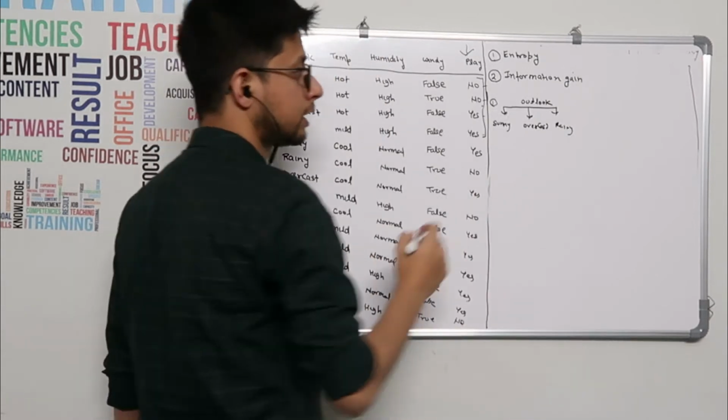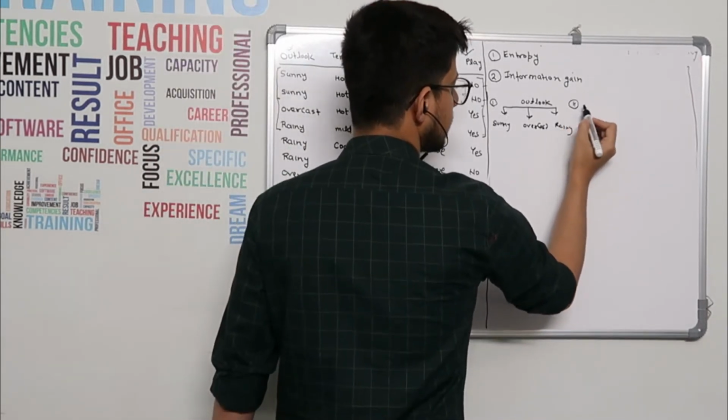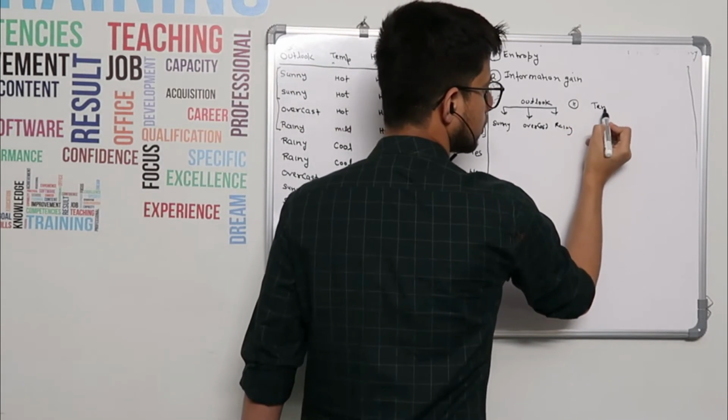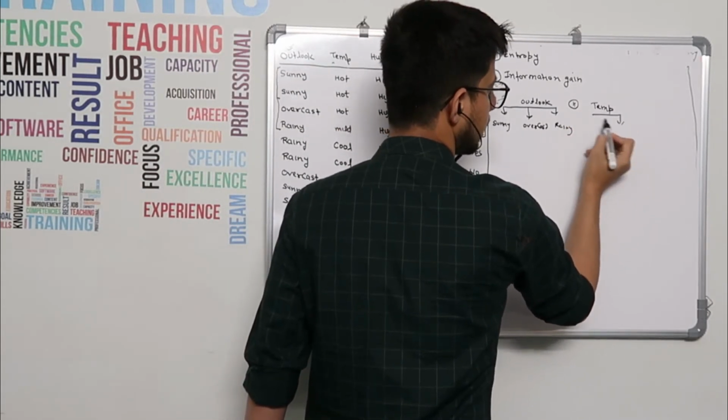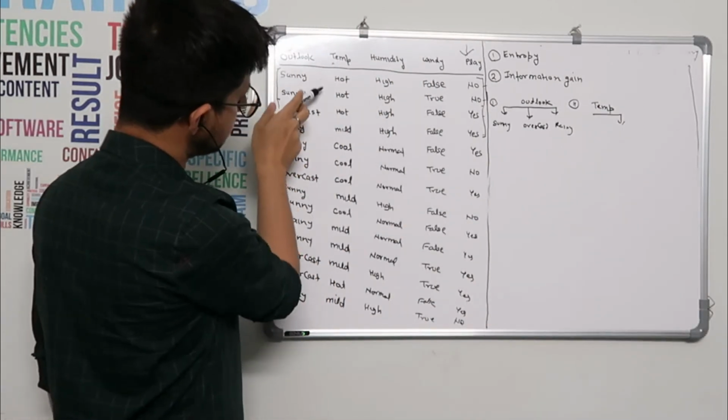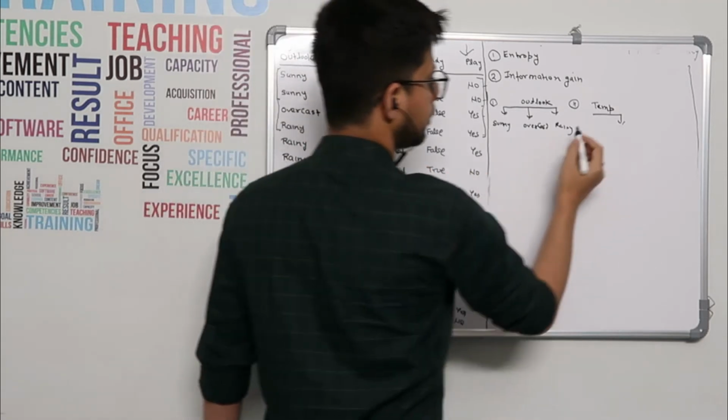What is the second possibility? Start with temperature, correct? And temperature will be divided into hot, mild, and cool.